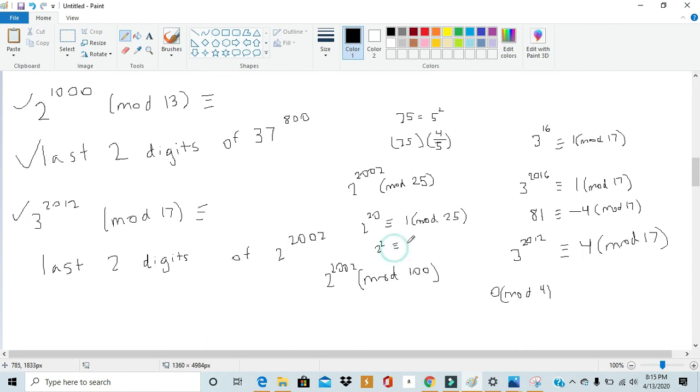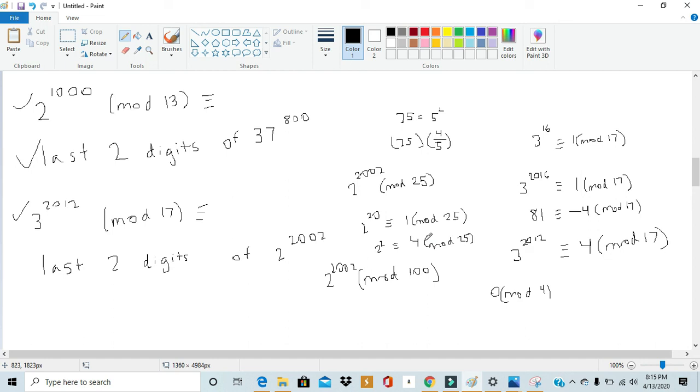Now, that's just 4, so it's going to be the same as 4 mod 25. So now we need to find a number that is 4 mod 25 and 0 mod 4 at the same time. So we use some basic Chinese remainder theorem, which is bashing. So 4 mod 25, well, it could be 25 times 0 plus 4, which would give us 4, which is also 0 mod 4. But are there any other numbers that work?